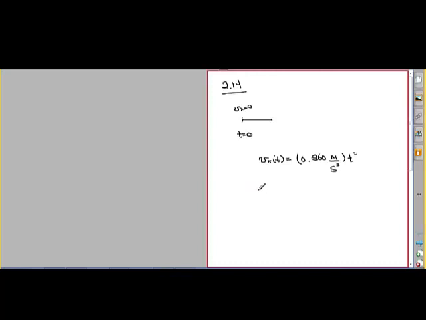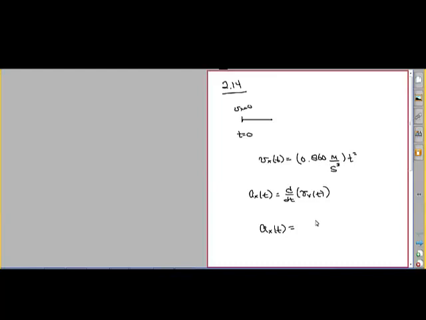So we're okay. The acceleration in the x direction as a function of time is the derivative with respect to time of the velocity in the x direction. And we've got a simple polynomial here, so it's easy to calculate the acceleration as a function of time. We take the derivative of t squared, which is 2t.